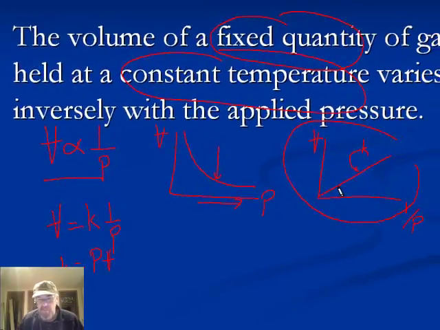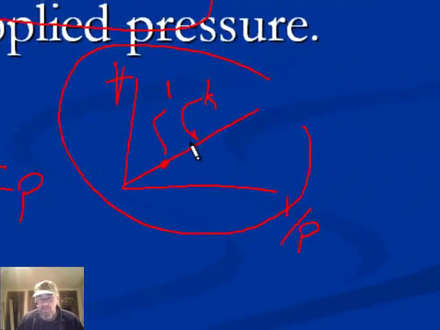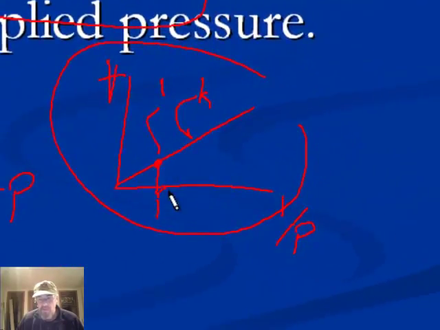So let's say I take a look at this relationship here, this graph, and I pick 2 points. Here's point number 1, which corresponds to P1 and V1, and here's point number 2, which corresponds to P2 and V2.